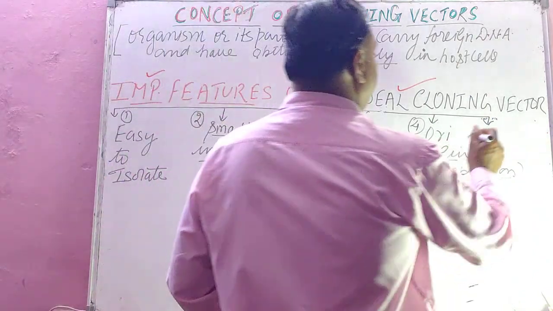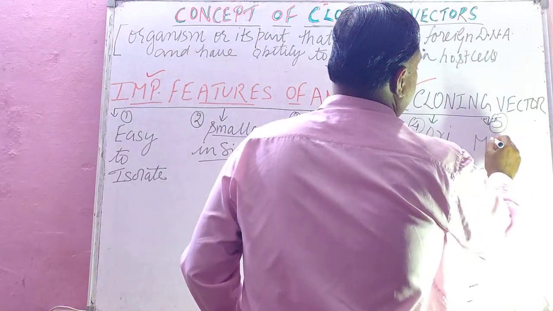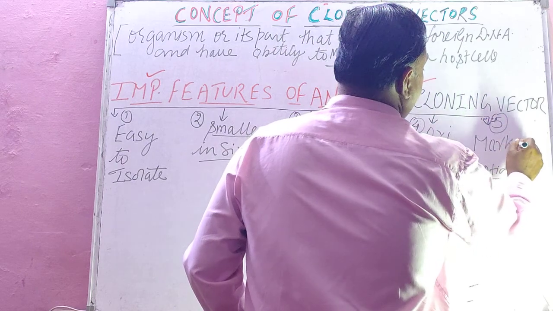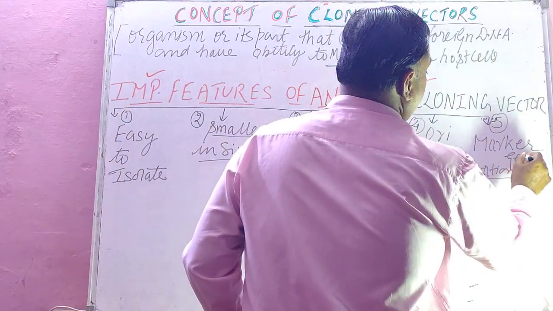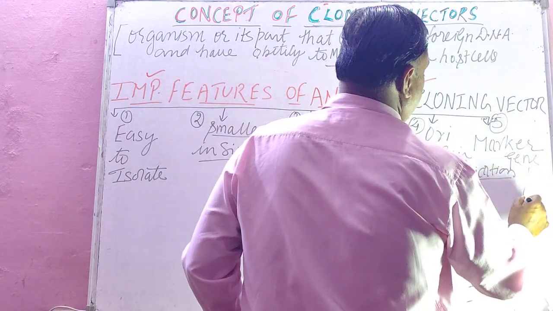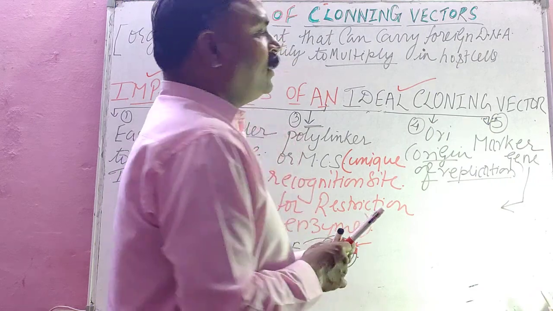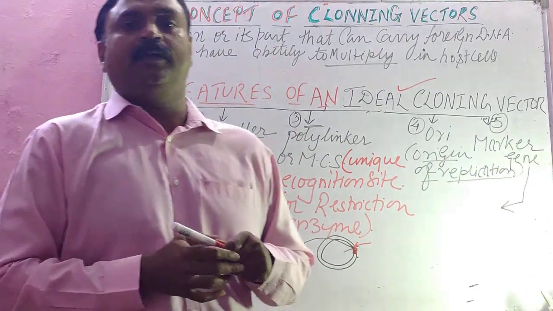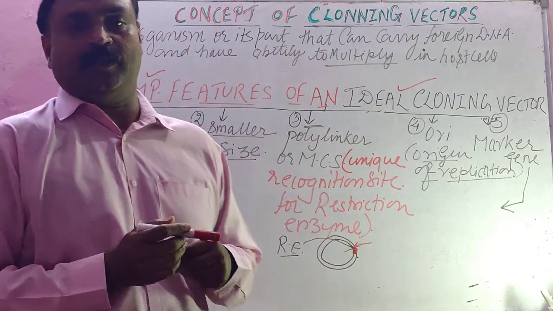Then student, it should have marker gene. Good or ideal cloning vector has marker gene. Student, what do we mean by marker gene? That I will explain you here. Student, marker gene is that part in the DNA which helps us to recognize the transformed cell.